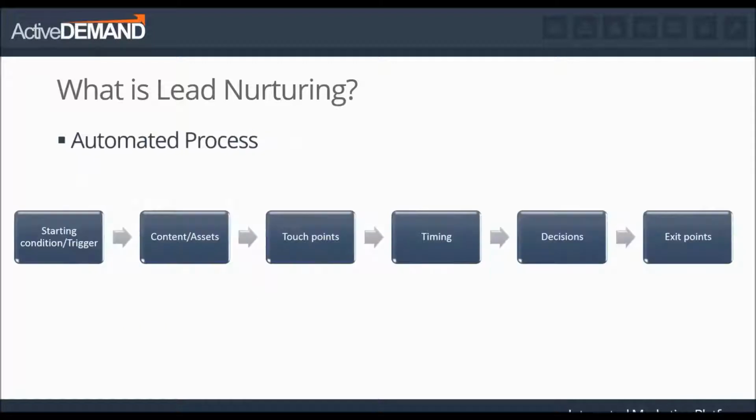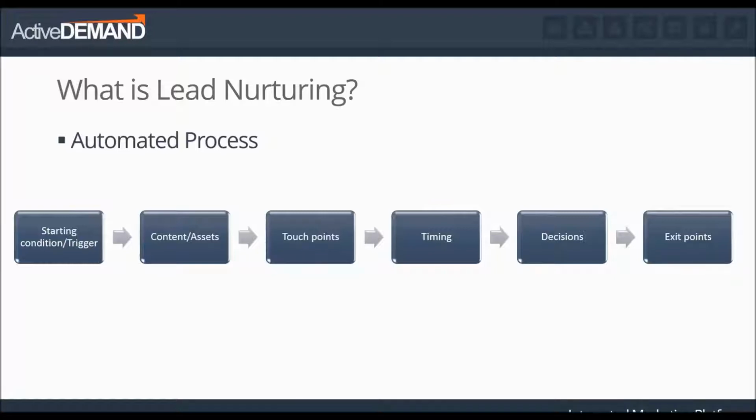In the definition of lead nurturing, again, it is an automated process. It could be manual, but it would be a lot of effort. With an automated process, there are starting conditions or a trigger event that brings this individual into the conversation.